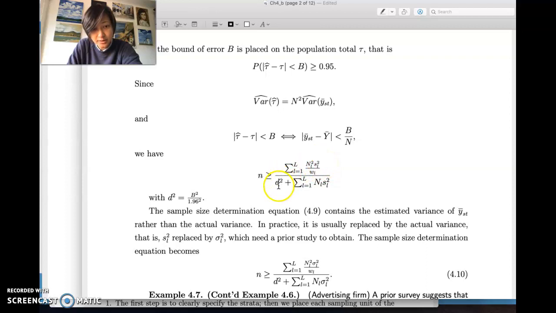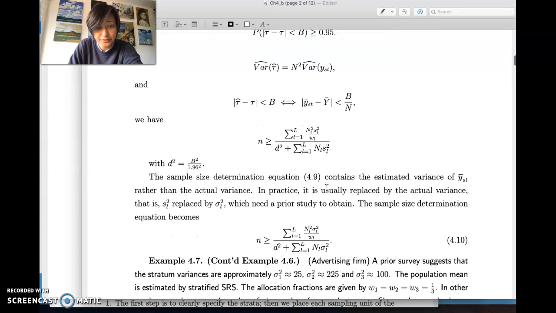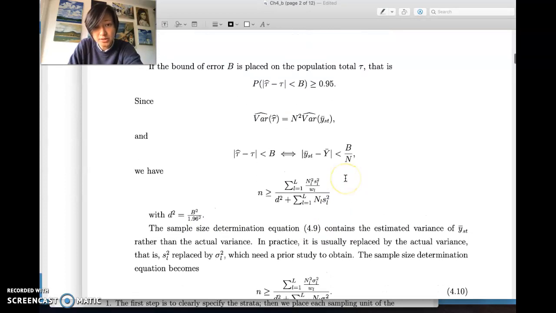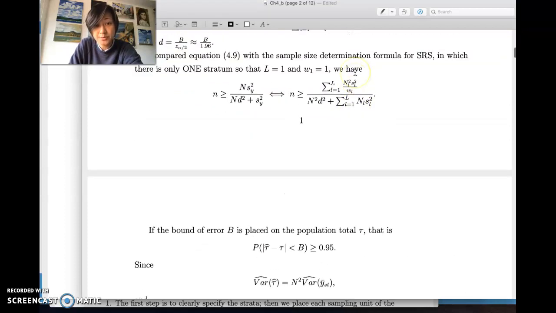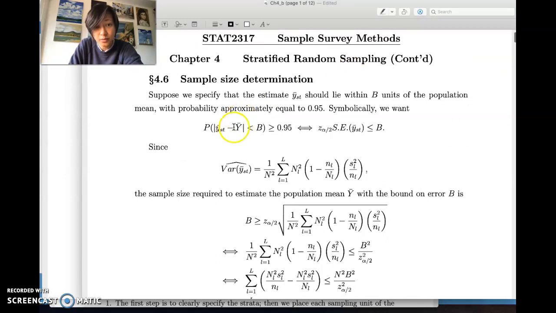Now we have d squared, which in this case is the bound of error for the population total, divided by 1.96, of course, plus a summation of the variance of each stratum. When dealing with sample size questions, make sure you know whether the given bound of error is placed on the population total or on y bar, the mean value.